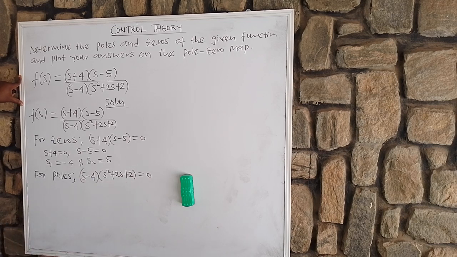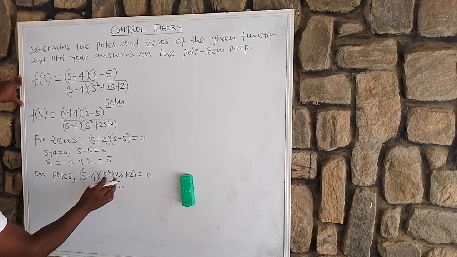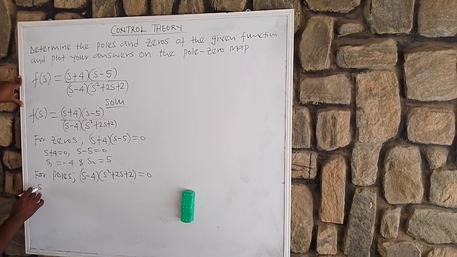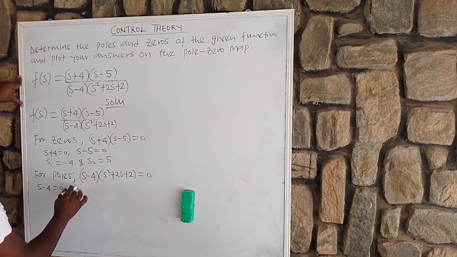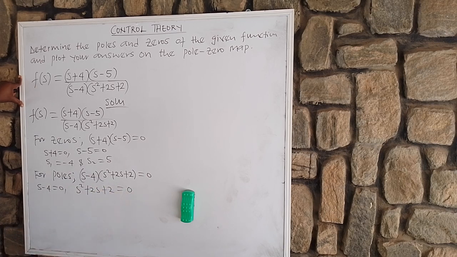Recall your format: a times b equals 0. This is your a, this is your b. So s minus 4 equals 0, and s squared plus 2s plus 2 equals 0. If you can see what I have seen, our s1 is now equal to plus 4.